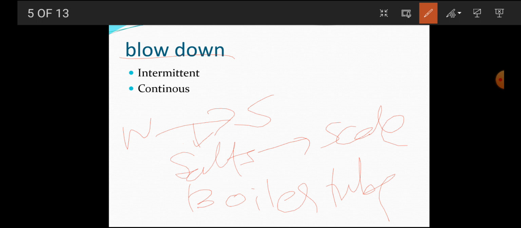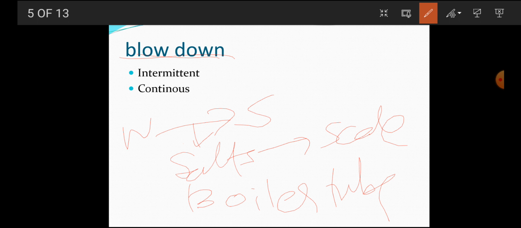High pressure 3,000 to 3,500. Economic boilers 3,000. Coil steam boiler 2,000. So it is very much necessary to control the level of concentration of the solids, which is achieved by the process of blowing down.